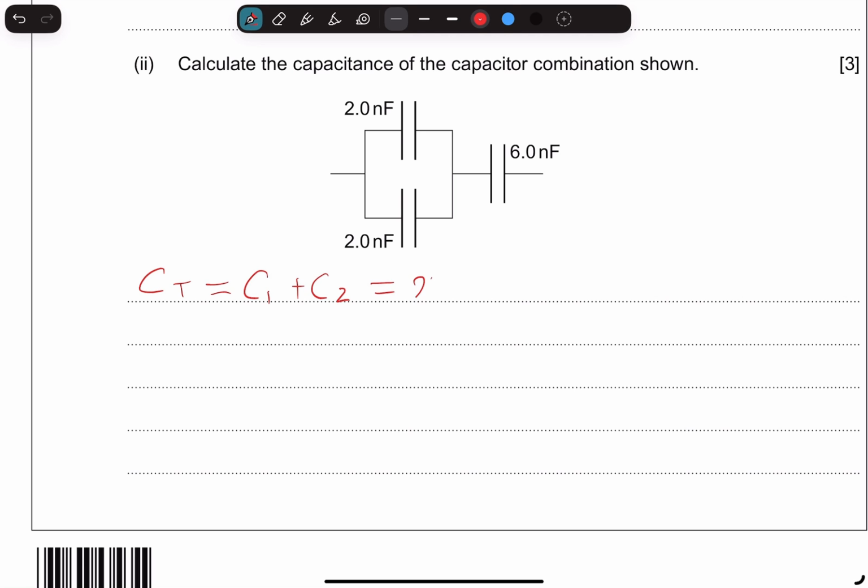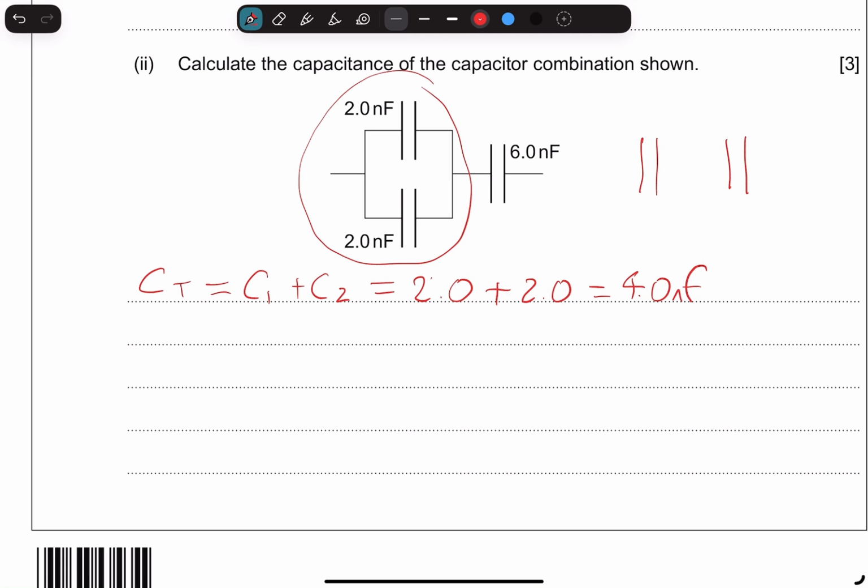So in this case, 2 plus 2 gives us 4.0 nanofarads for this section here. Now we can redraw this as one capacitor there, another capacitor there, and join them together. Apologies for the slightly messy drawing. So that is 4.0 nanofarads, and that is 6.0 nanofarads. Essentially that's what we've got now.